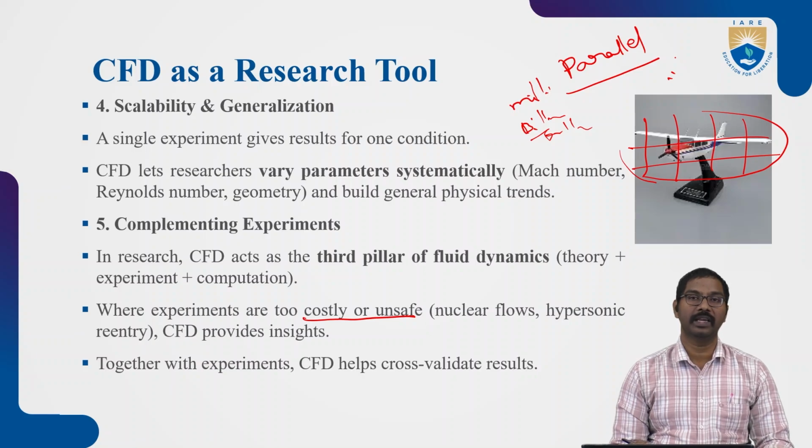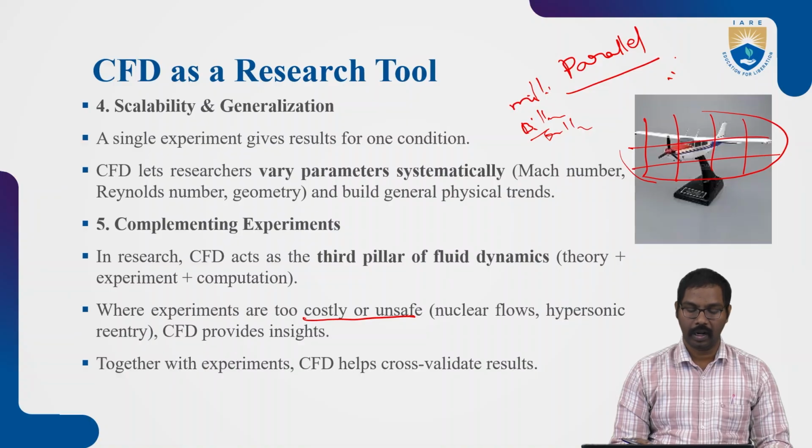We have seen so many incidents which have cost lives because of these experiments, or we have seen Kalpana Chawla's death because of the re-entry of the vehicle, where the high temperature gas entered into the vehicle and collapsed the whole vehicle. So these are some of the drawbacks we have in the experimental procedures, so we are going for CFD as a research tool.